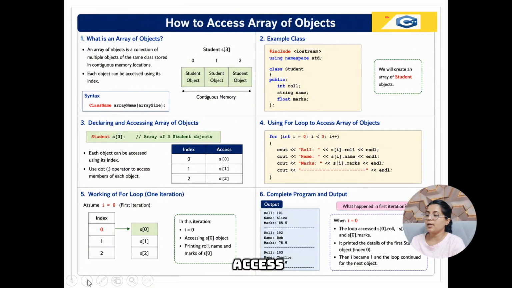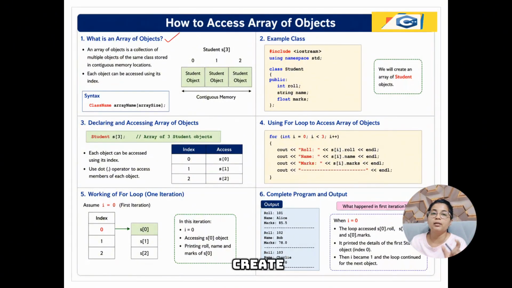Now, how to access array of objects? This is very important. We need to focus here now. We have seen what an array of objects is, right? An array of objects is not a normal array. As the name indicates, it is an array of objects.